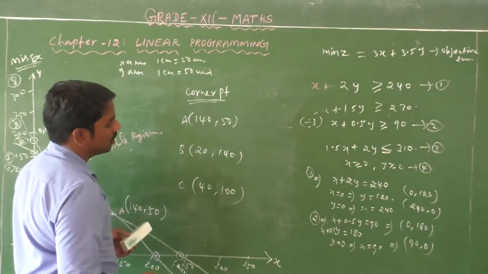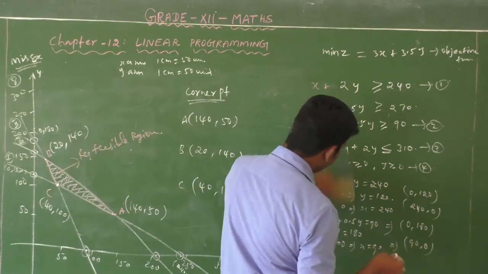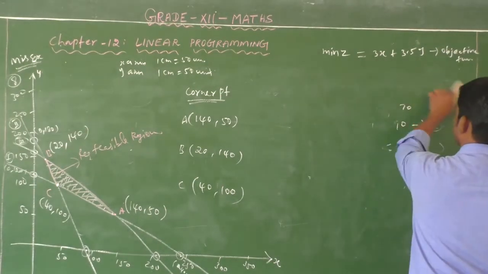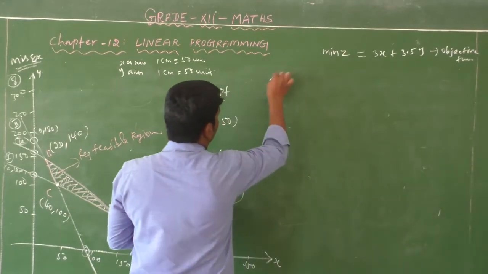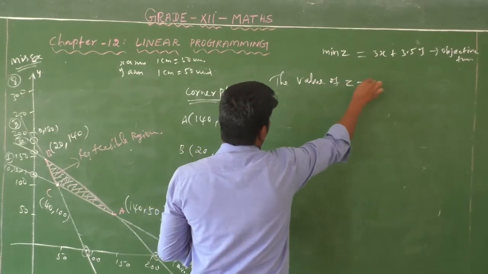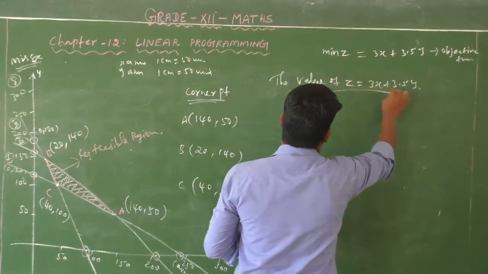Find the value of Z. The value of Z is equal to 3x plus 3.5y.